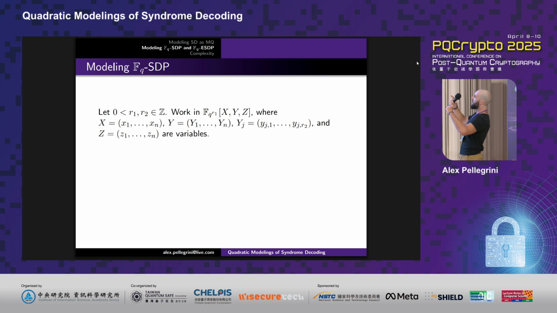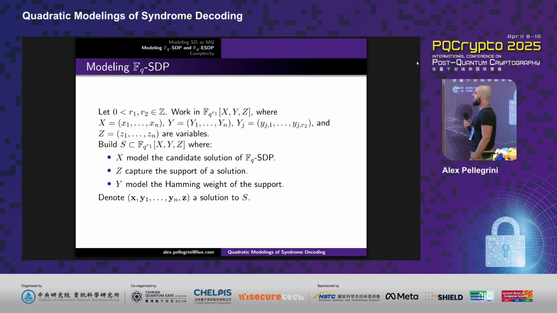Y is somehow two-dimensional blocks of variables where each Y1, ..., Yn are vectors of variables, or tuples of variables. And the idea is still the same, that each Y1, ..., Yn is going to contain partial weights of the solution, okay?